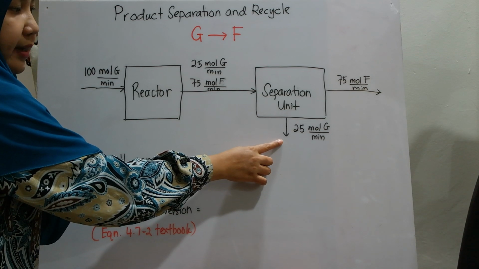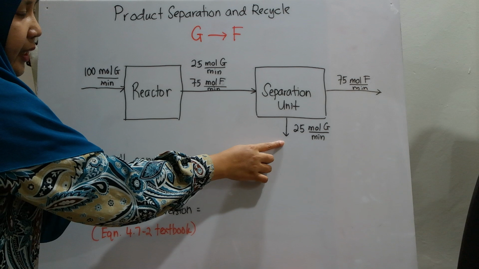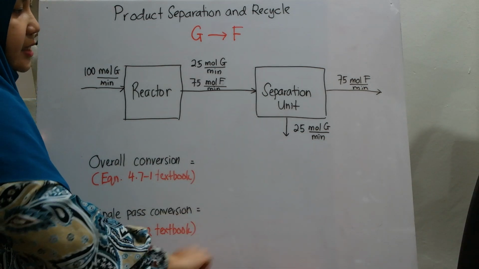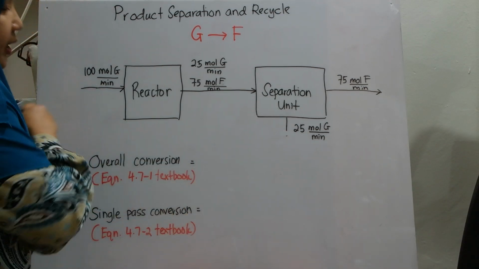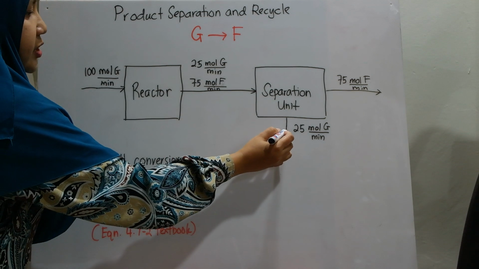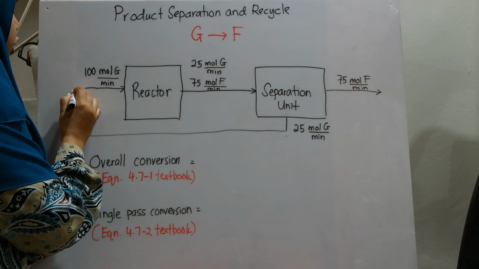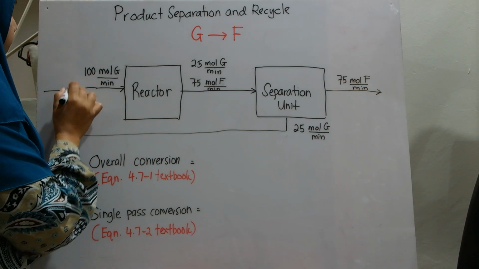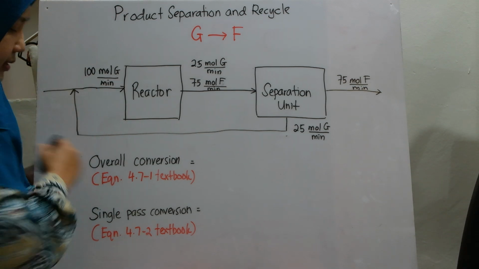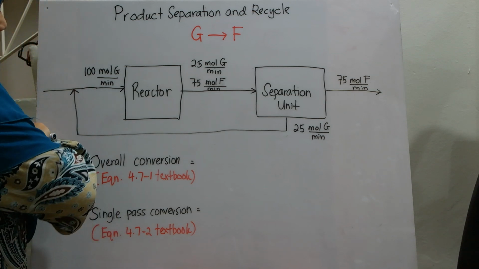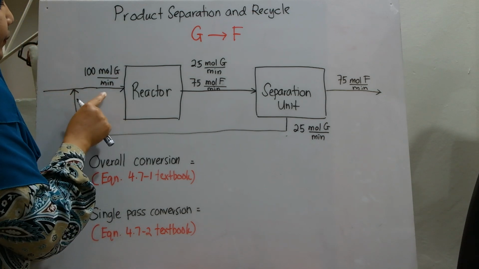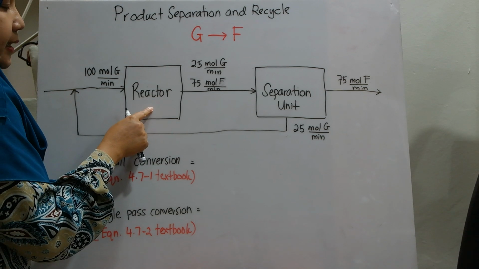Should we throw it away or recycle it? Actually, we can recycle this unused G in order to increase our conversion. Instead of throwing it out, we recycle it, mix it with the fresh feed, and produce the feed towards the reactor.